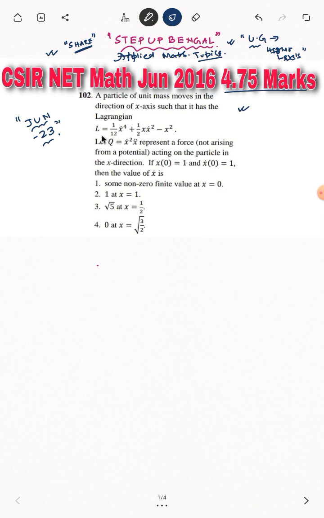In the previous few lectures of classical mechanics, we were forming finally the Lagrange equation and its varieties of types.